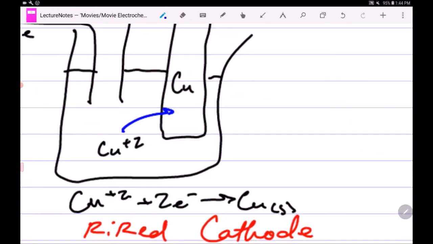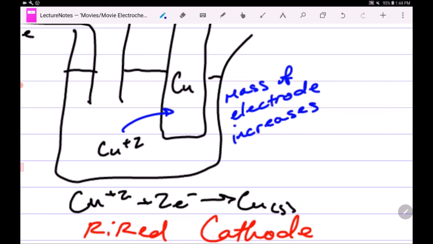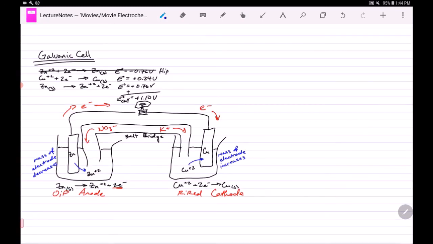This one, the copper ions are becoming solid copper. Those copper ions will become solid copper on the electrode. They'll plate onto the electrode, they'll increase the mass of the electrode. So that's a galvanic cell involving zinc and cupric.